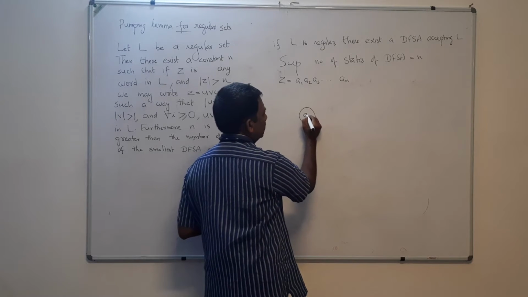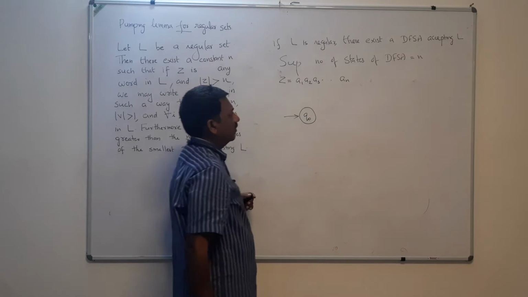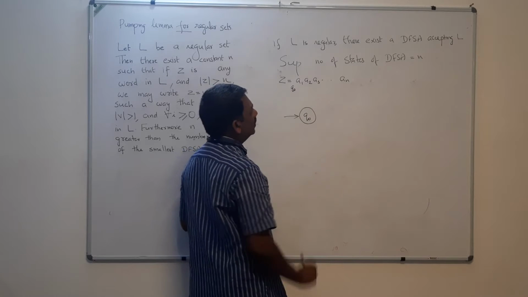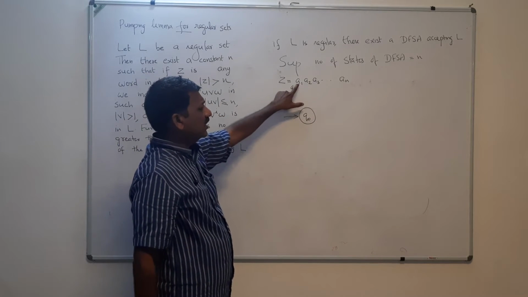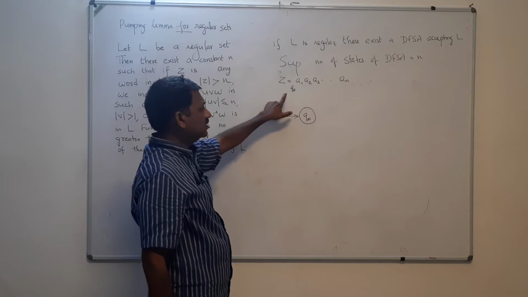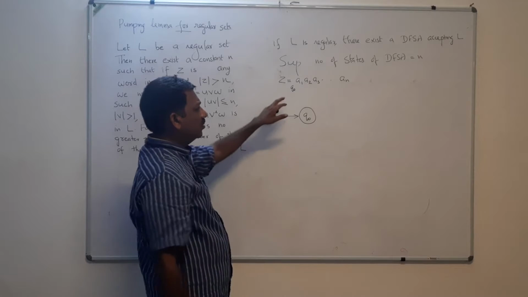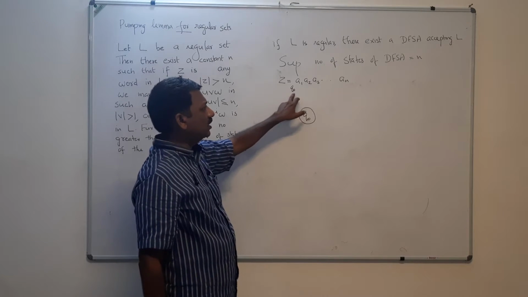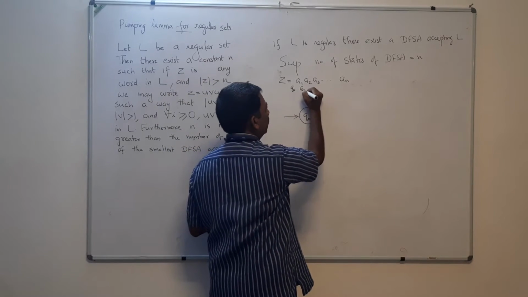Now, suppose that you are starting with state Q0. This is the start state, and initially you are in state Q0. You have a finite control, and that finite control is initially in state Q0. On accepting A1, it moves to another state Q1.